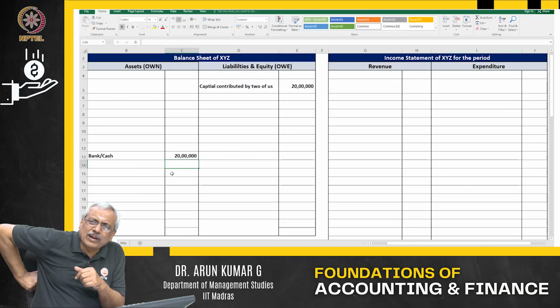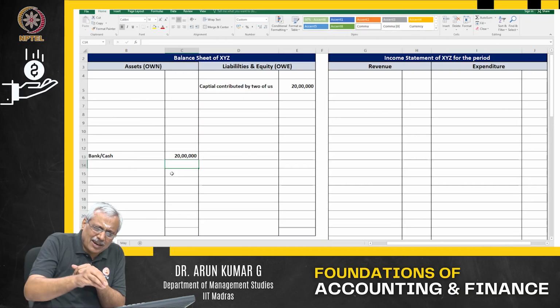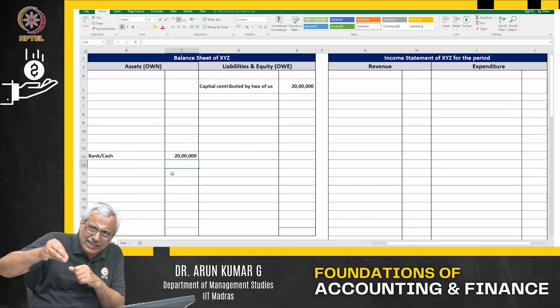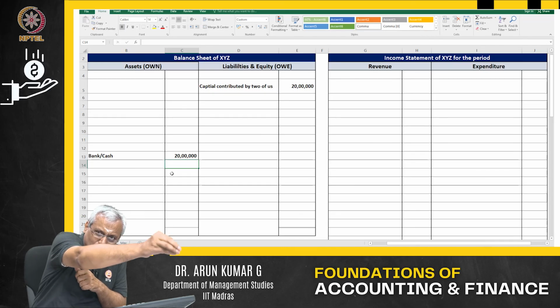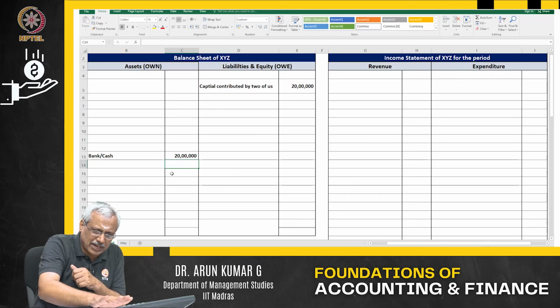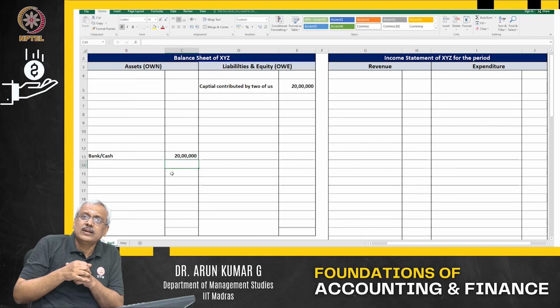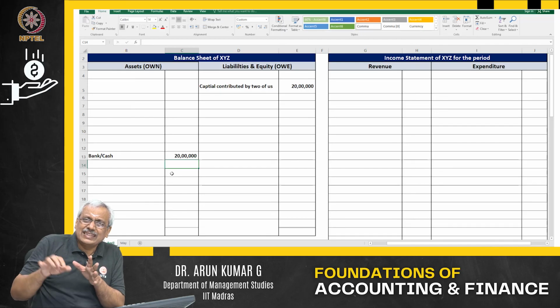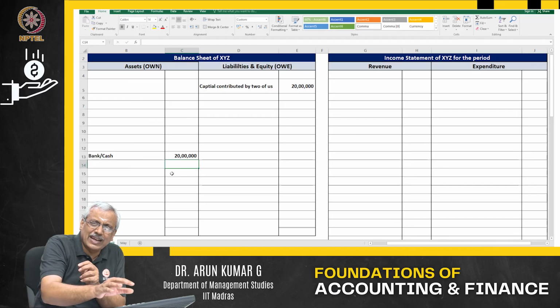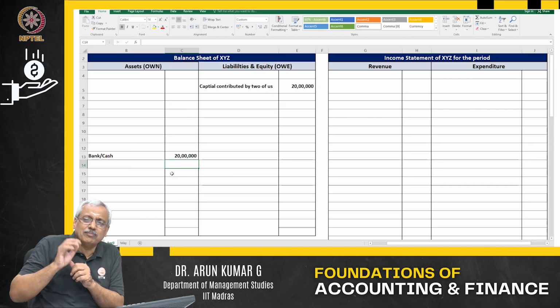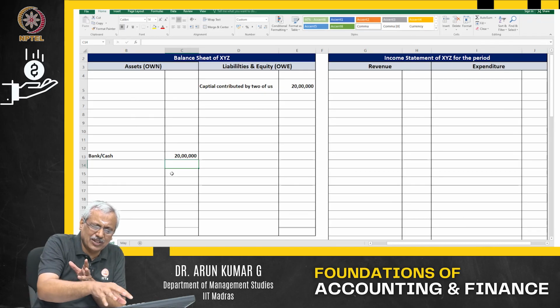So in short, what is happening? XYZ owes that money to the owners, the people who have provided that capital. So that is where it owes. But as of today, the cash in the cash box is owned by whom? Owned by XYZ. So bank is 20 lakhs. There is a transaction that has happened, and you will actually see it being reflected in the balance sheet.